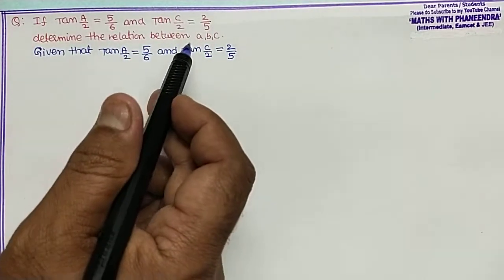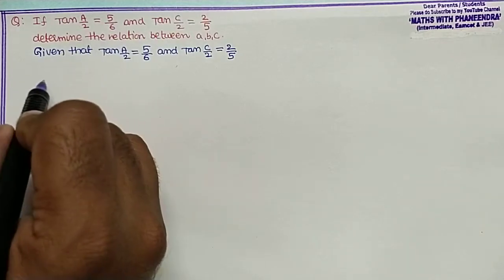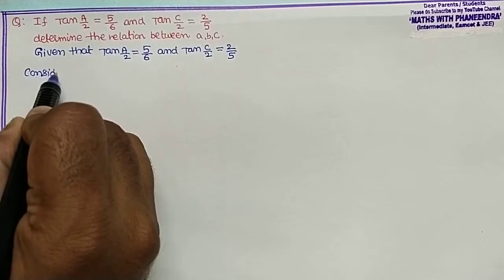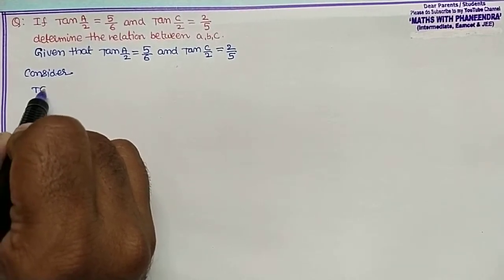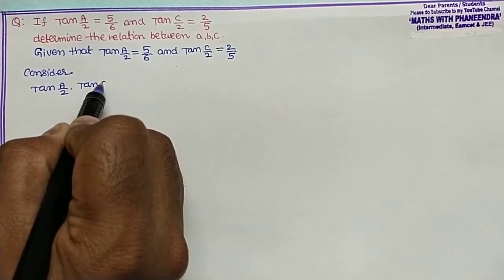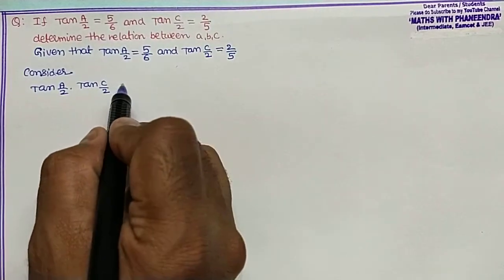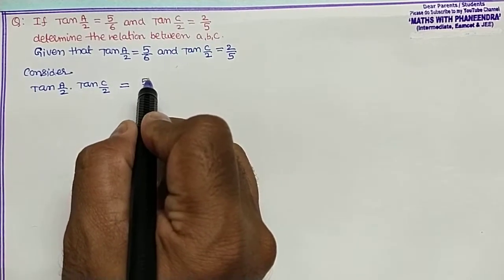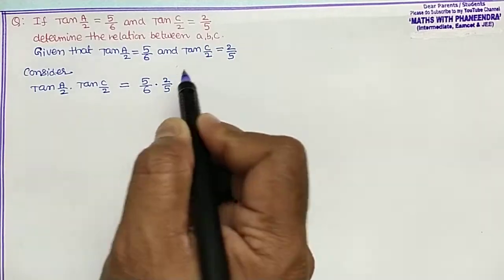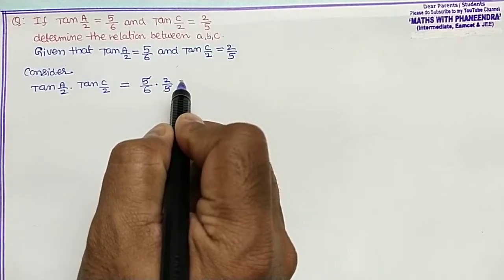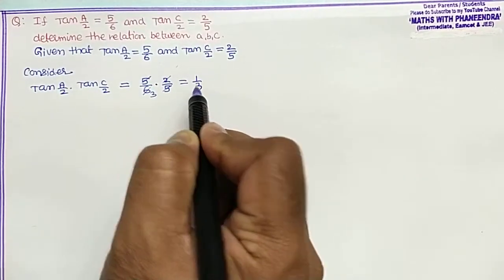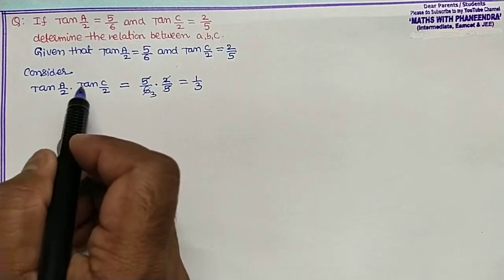If you cancel these two values, then, so first consider tan(A/2) into tan(C/2) equal to 5 by 6 into 2 by 5. 5 gets cancelled, 2 ones are, 2 threes are. So 1 by 3.